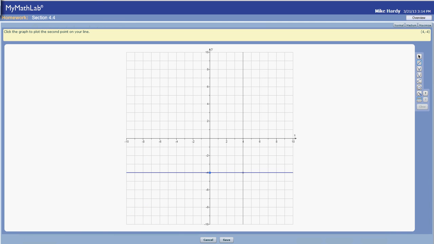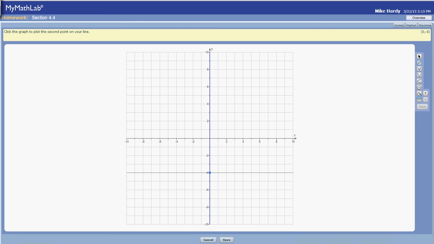Okay? And then to get to another point, what we know is that the ratio of rise divided by run, change in y divided by the change in x, has to be equal to 8, or 8 over 1. The slope is 8.